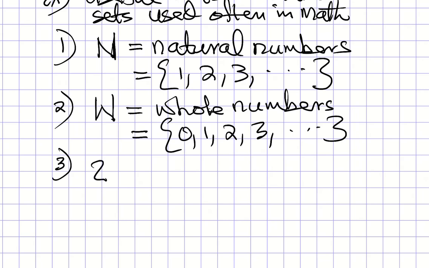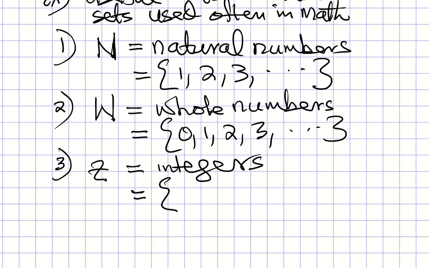The set of integers, usually represented by the letter Z, is equal to, let me describe it in words first, and then I can write it in the form of abstraction. It's called the set of integers.